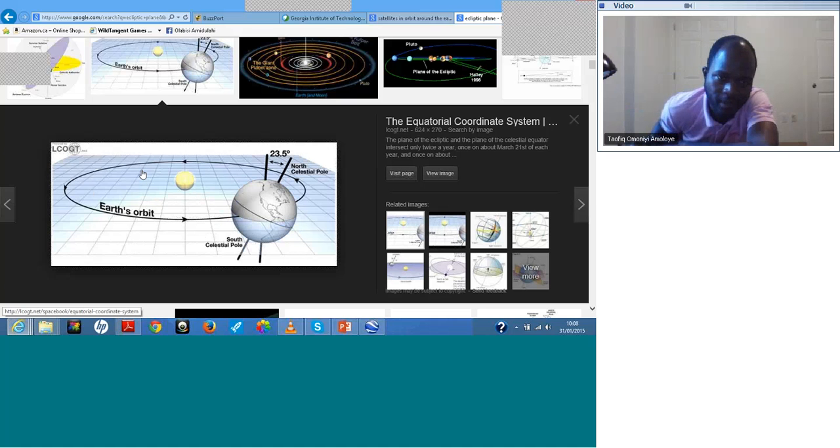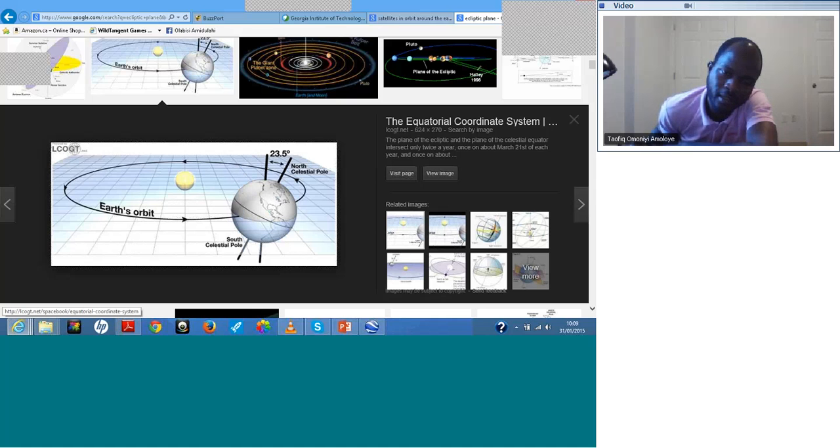The ecliptic plane is just the orbital plane of the Earth's revolution around the Sun, and the equatorial plane is the plane which divides the Earth into 2 hemispheres, the northern and the southern hemisphere. But as the Earth revolves around the ecliptic plane, the angle here keeps closing up and then opening up on the other part.